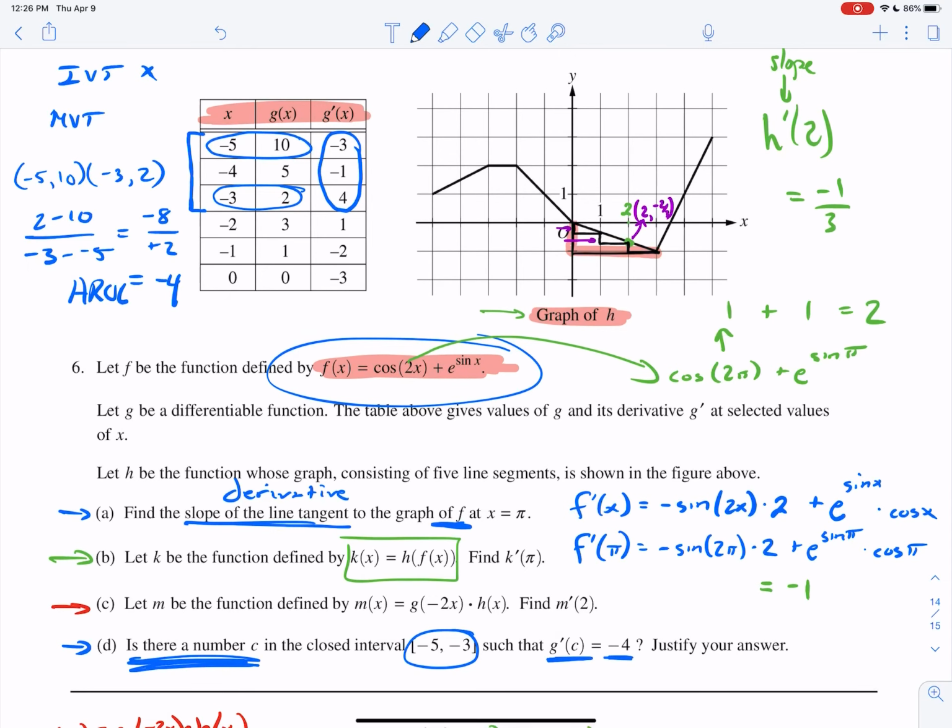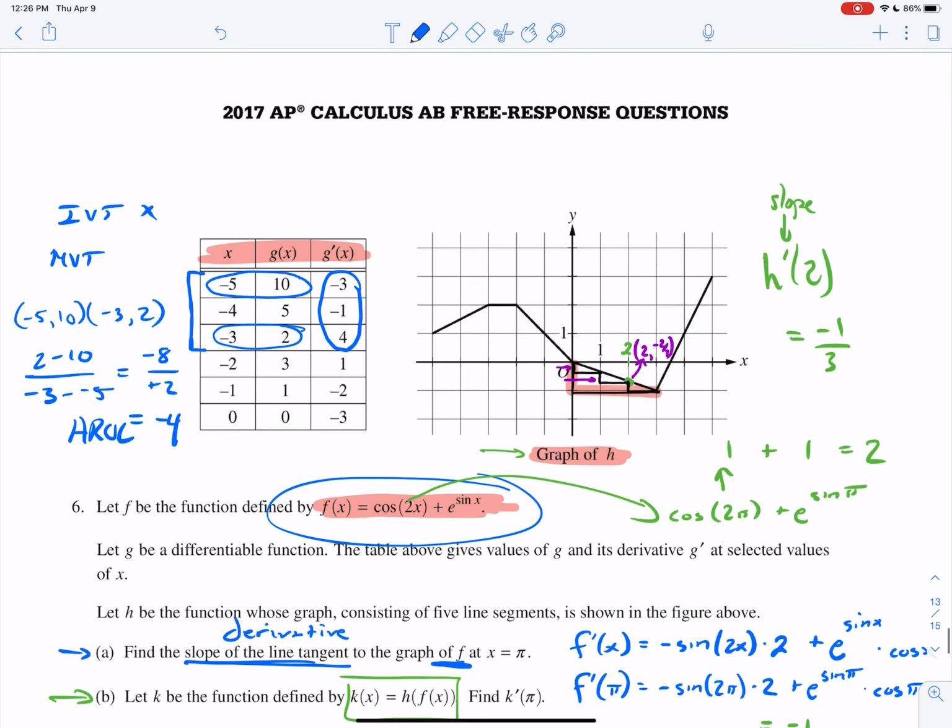This is my average rate of change. I found at 2 points of my curve that the slope of that secant line is negative 4. So am I guaranteed a moment where the tangent line or the derivative will be negative 4? Yes, as long as MVT works.